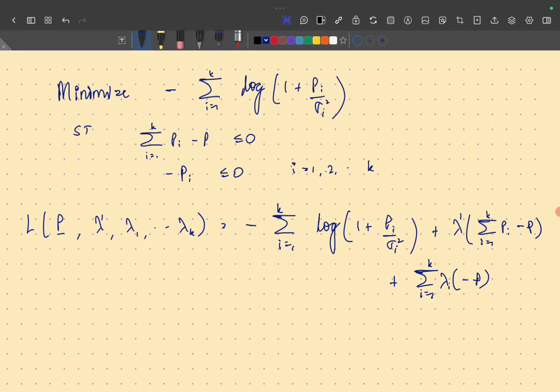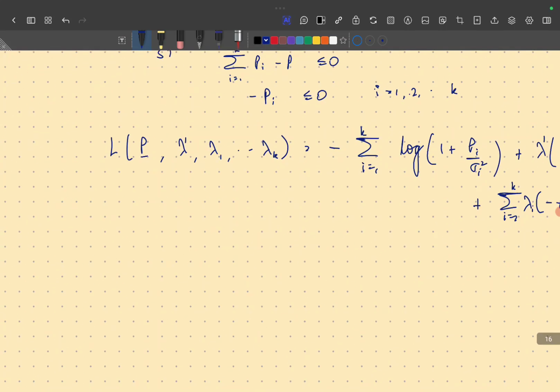Is this okay? Let's write down all of the KKT conditions.